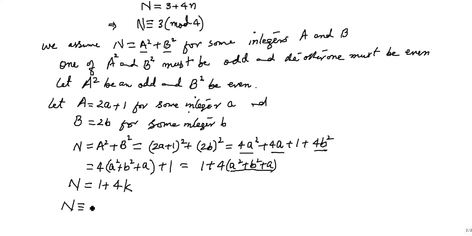and this gives you the congruence n congruent to 1 modulo 4, but that is a contradiction. We have n congruent to 3 modulo 4.